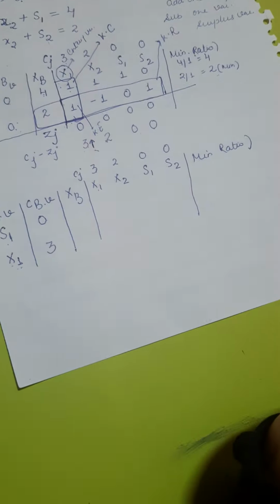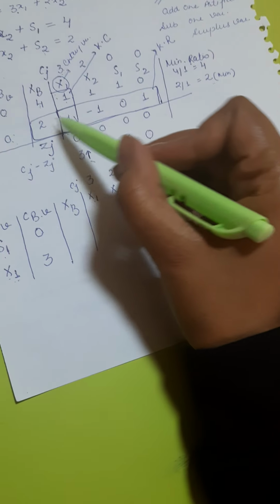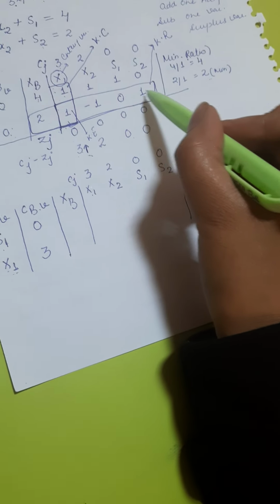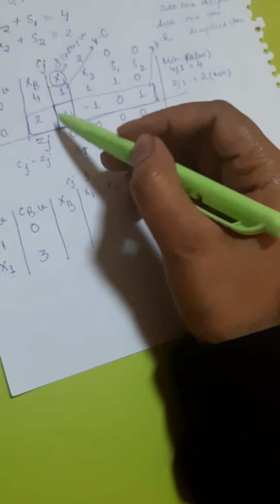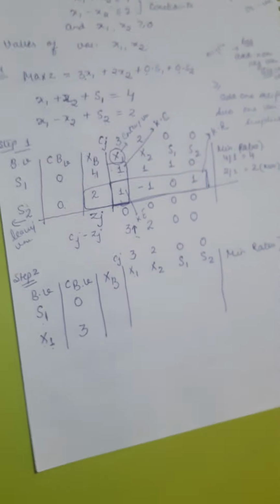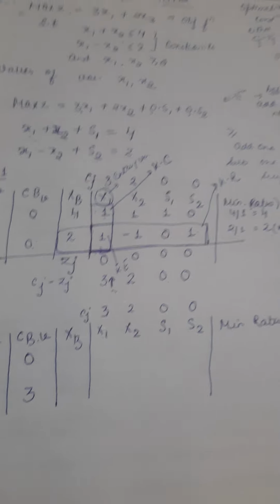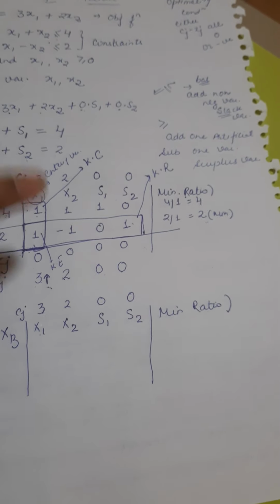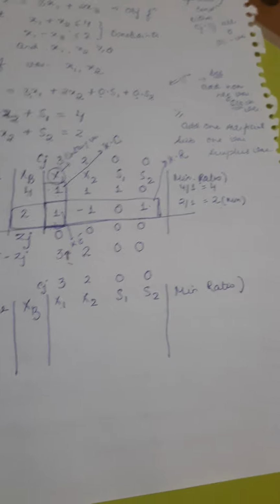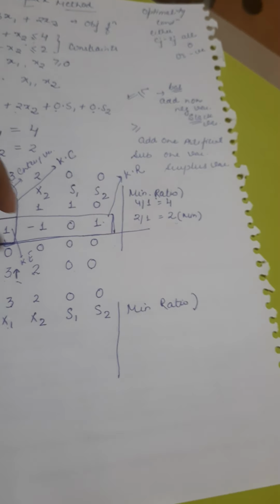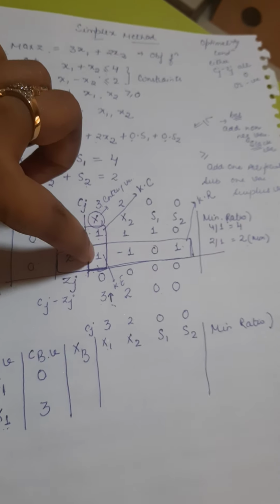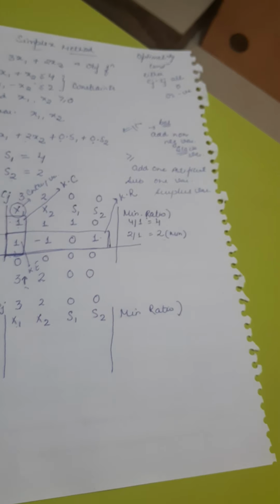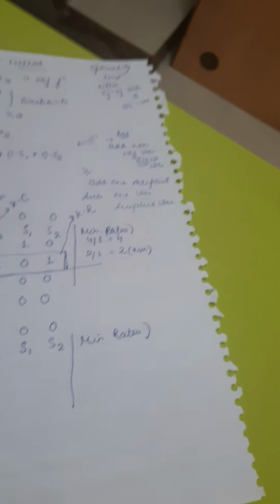Now what is the condition to fill all the remaining values? You first check the minimum ratio row, which is the second one, and the intersecting element is 1. There is a condition: the intersecting element should always be 1. By default here it is 1 only, but if it is for example 2 or 3, you have to divide the whole row by 2 to make it 1.